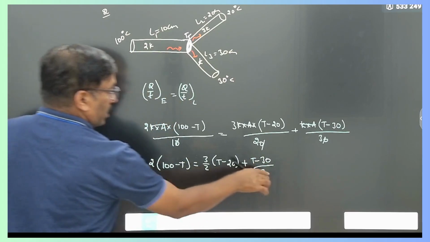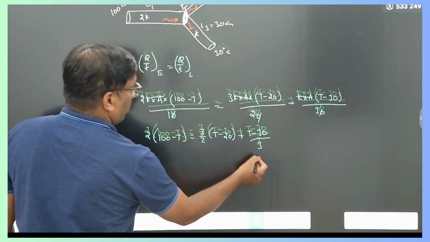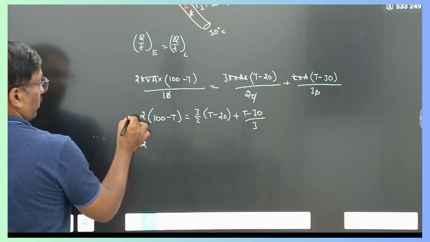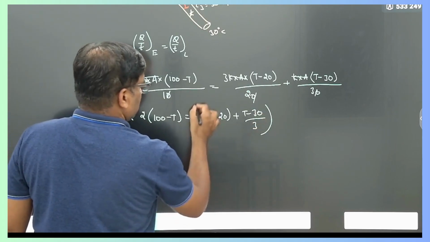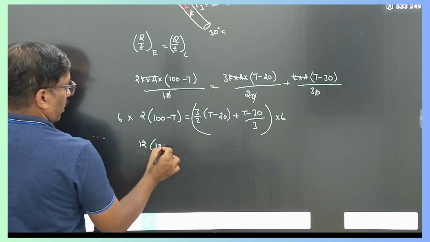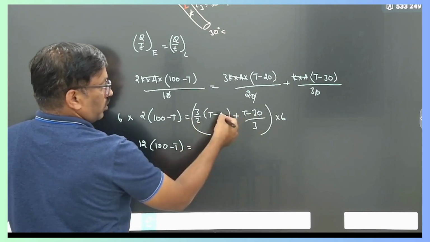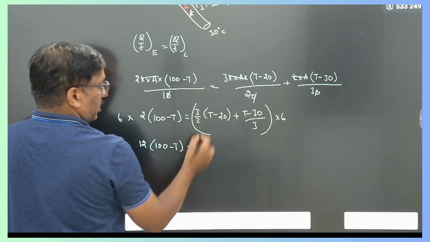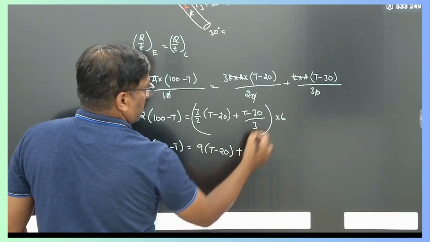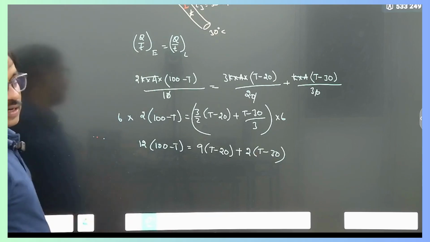Here, to cancel the denominator, I multiply by 6. So 12 into 100 minus T is equal to 9 into T minus 20, plus 2 into T minus 30. Simplify, you can get your answer.